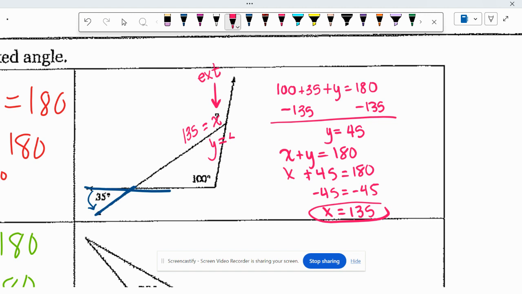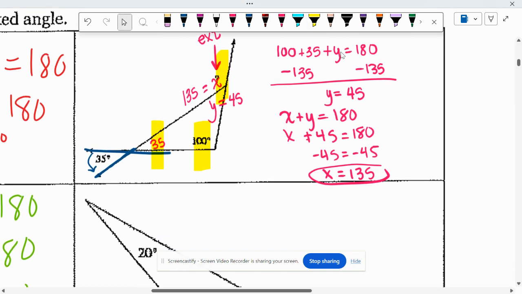And we know that this equals 45 using triangle sum theorem. And we know this is 35 because vertical angles are congruent. So that's why, Tyler, the exterior angle has the same measure as the two remote interiors. Okay? Because it comes from the definition of a linear pair. Does that make sense? Okay.